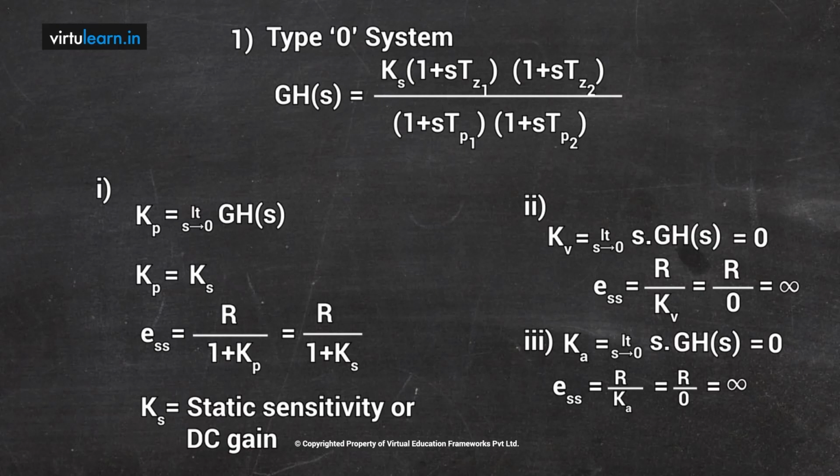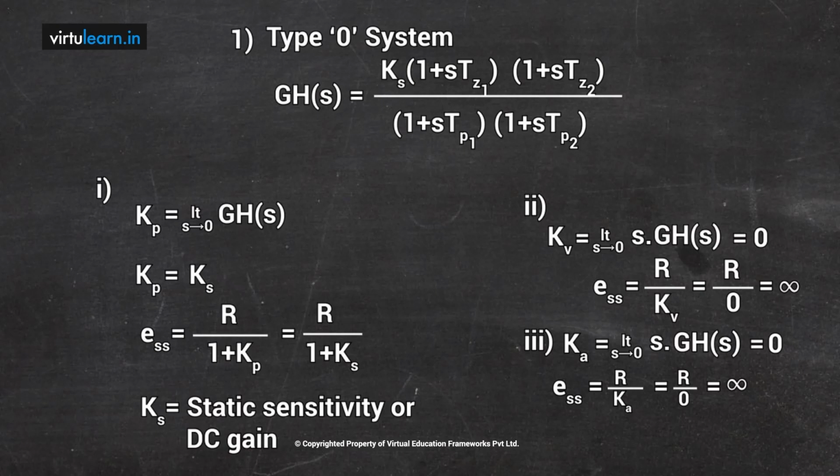But since s exists here, when you substitute s tends to 0, the Kv value is going to be 0. Therefore, whenever you apply a ramp input to a type 0 system, the error constant Kv is going to be 0. The corresponding error ESS is equal to R by Kv, that is going to be infinity.